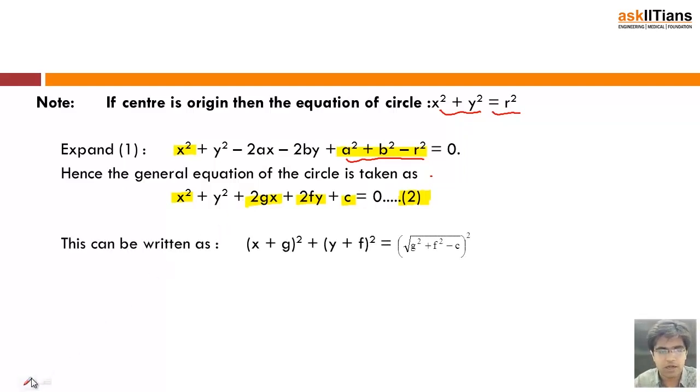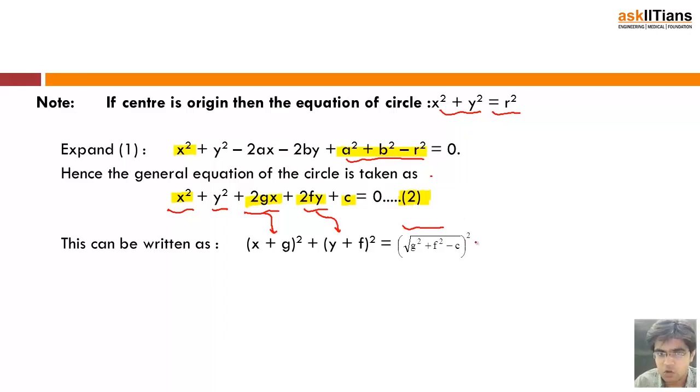Now what I am going to do is collect the same variable terms, and I am trying to make a whole square. So for x square plus 2gx, I can make a whole square by adding g square. Similarly, for y square and 2fy, I can make a whole square by adding f square. And if I have added something, then I have to subtract something, and I have sent all those terms to the other side, and I have represented it like this.